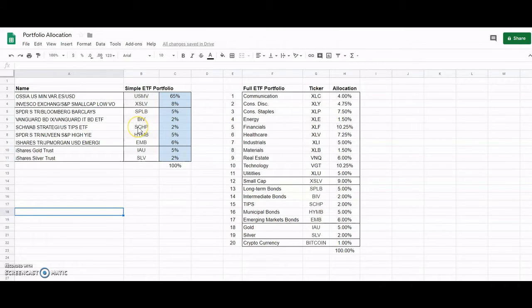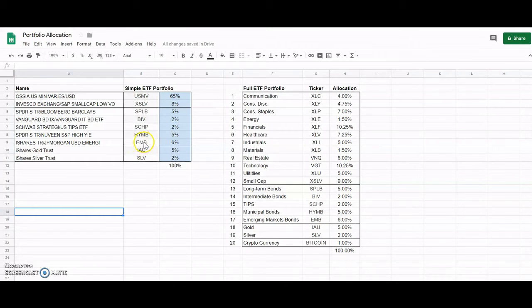This is a TIPS, which are a type of government interest-bearing note, if you will, with typically a lot smaller returns, but also less volatility. And this is an ETF that focuses on high-yield municipal bonds, which are like local government bonds that typically have much higher dividend yields, which is pretty nice.